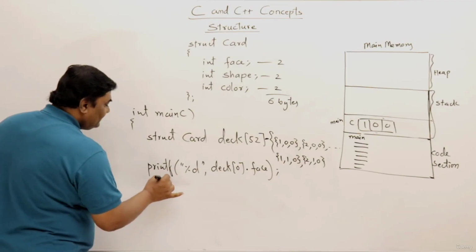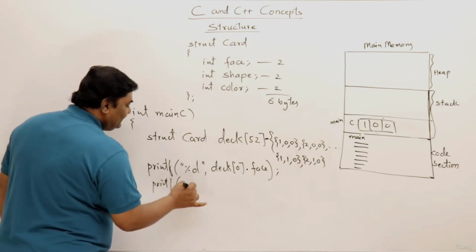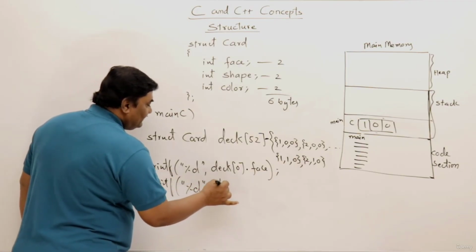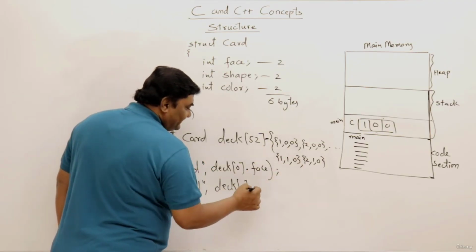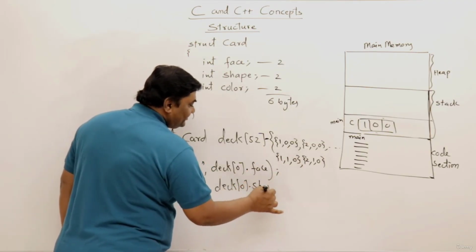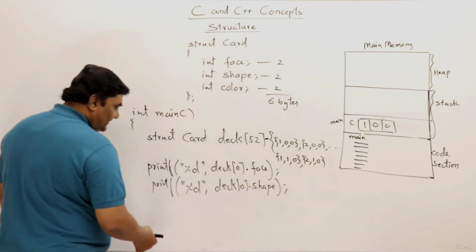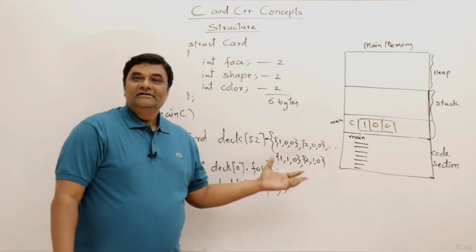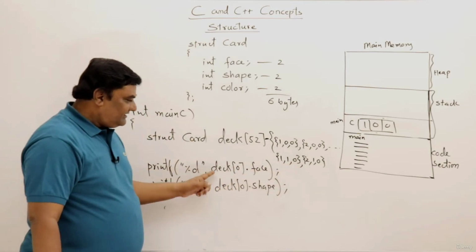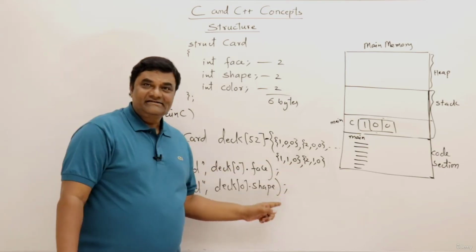Then printf next %d and deck of 0 dot shape. So I can display shape. I can display other things also, like colors also. So this is how, by using the array name, then the index, I can access it.